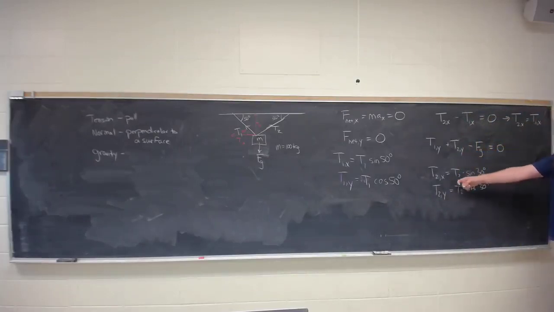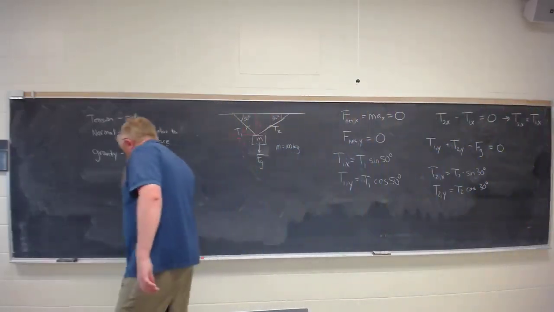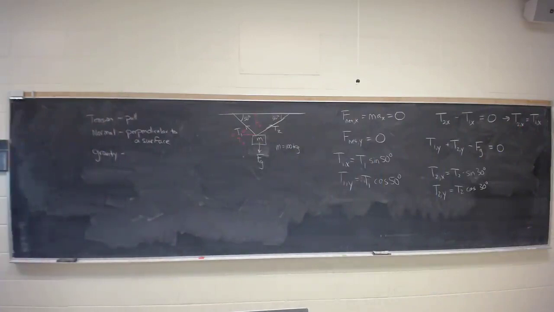So if I plug these into here, I end up with two equations and two unknowns. The only thing I don't know is T1 and T2, and I can solve one of the equations for T1, plug it into the other equation, and just get an equation for T2, solve that, and then go back to solve for T1. If you have two equations and two unknowns, that's a solvable system.